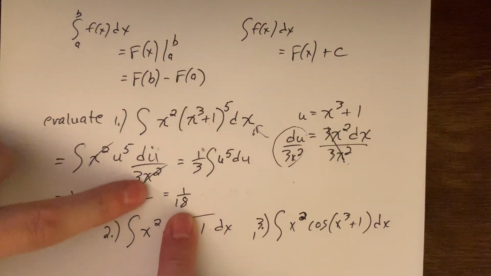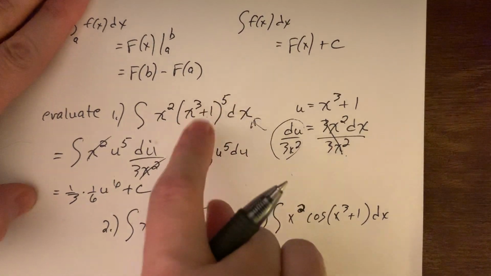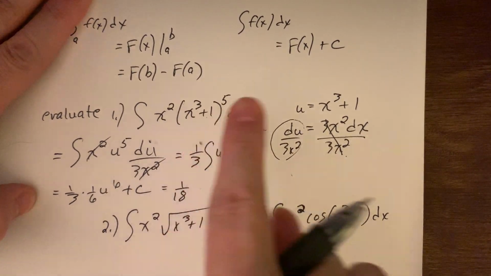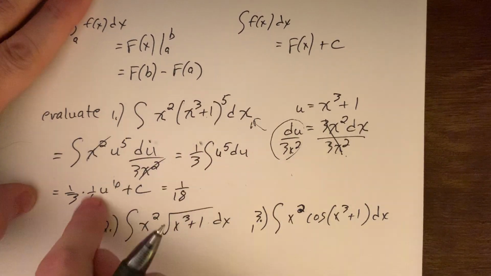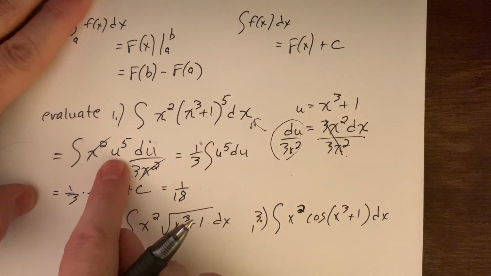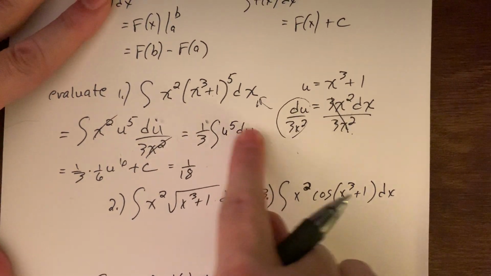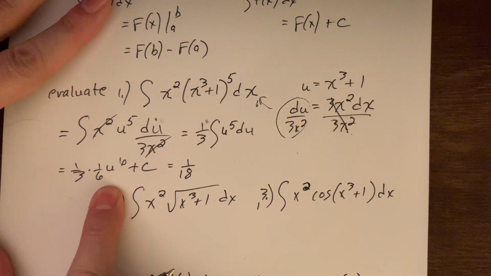Well, the one big thing missing, while this is a correct anti, the one issue is that we started in terms of x, we switched the variable to u to make the antiderivative work. Remember, the u substitution was working here, but we didn't just back sub, we still actually needed to take the antiderivative.